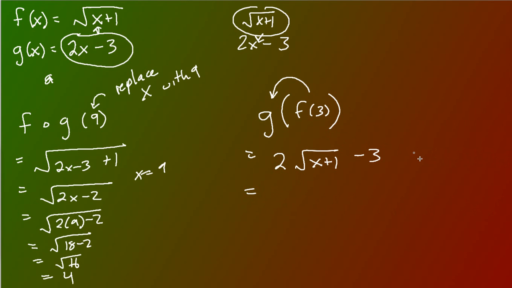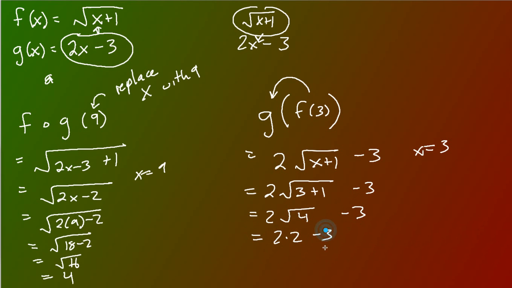And now I'm going to replace x with 3. So I have 2 root 3 plus 1 minus 3. Square root 4. And 2 times 2 minus 3. So 4 minus 3, which is 1. And that's almost it for function operations.